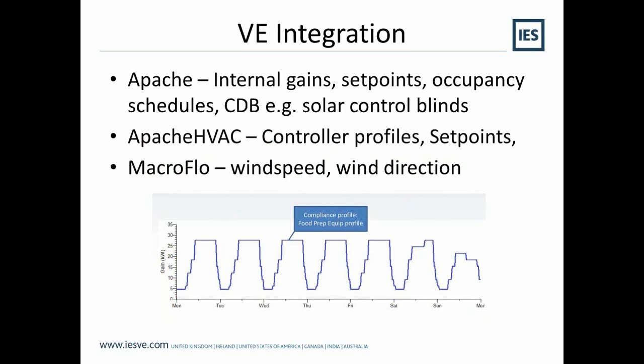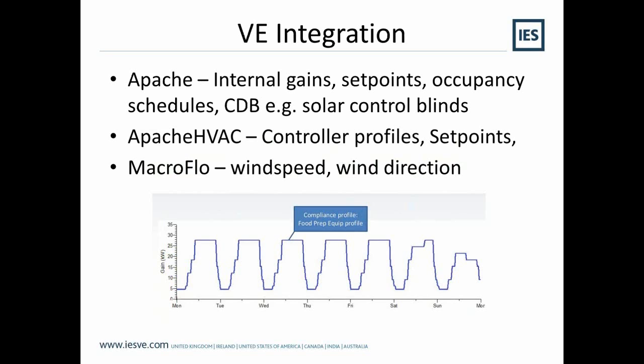Occupancy schedules we've looked at within Apache CDB. Solar control blinds could be a big one, looking at north, south, east, west facades. Even looking at maybe northeast, northwest, southeast, southwest facades, breaking it into additional orientations. So you can do quite complex blind control using the freeform profile functionality.